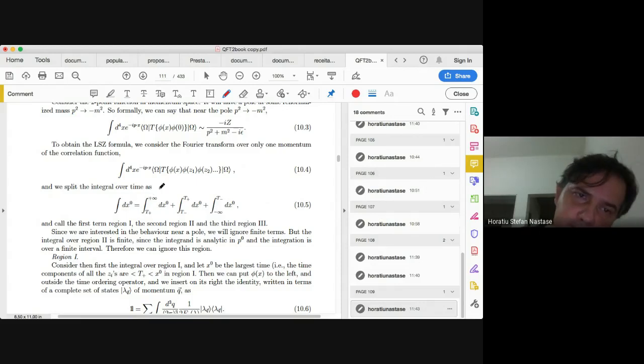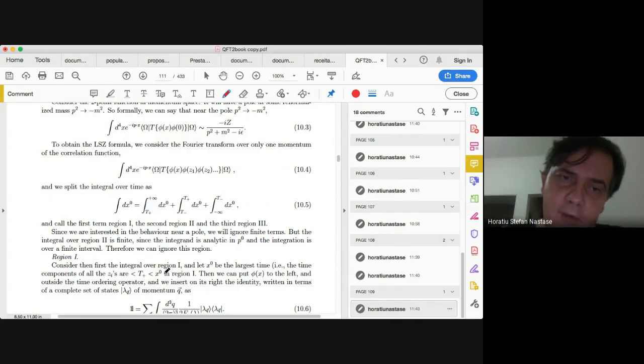And since we're in region 1, it's also less than x0. That means, for all the integration region of x0, it happens that x0 is the largest.